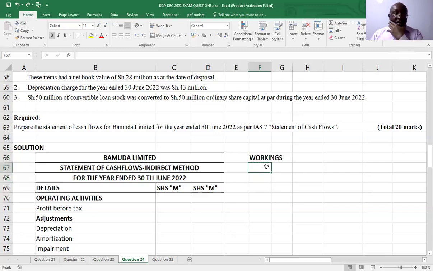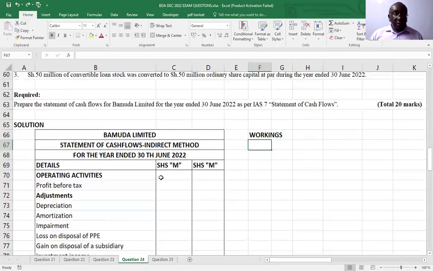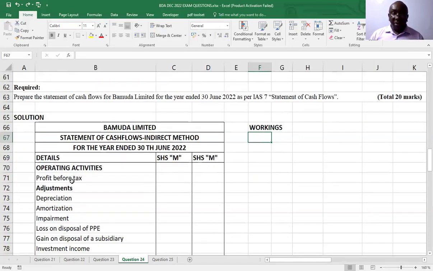So let's now go item by item. Number one, profit before tax. It will be brought here. So you put your cursor there, then press equals.